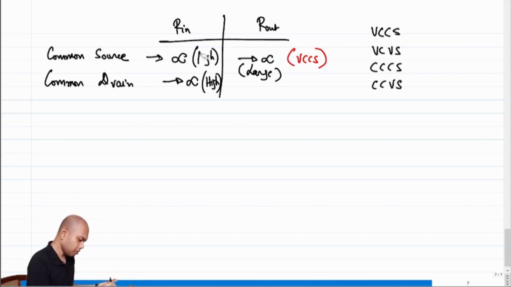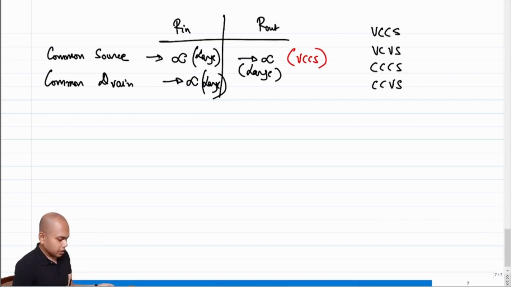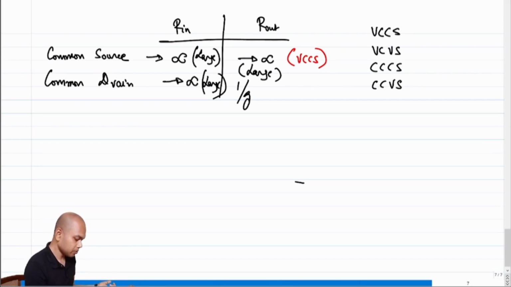Again, mind you, large, small, high, low, these are all relative quantities. With respect to what? With respect to the load that is attached. Okay, so what about the output impedance in a common drain amplifier? Output impedance is 1 over Gm, which is low, right?